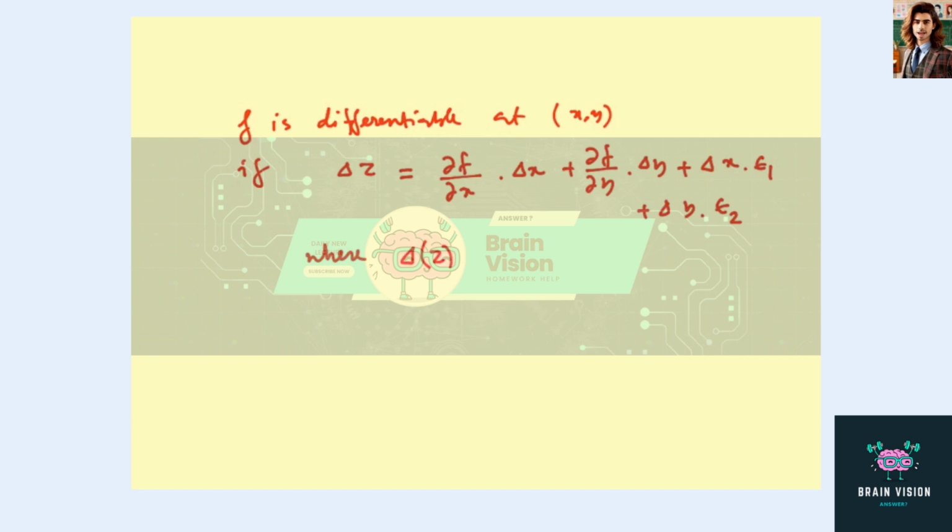what is my delta z? Delta z is equal to f(x plus delta x, y plus delta y) minus f(x, y). So this is the increment of f with respect to x and y, so we call it delta z.